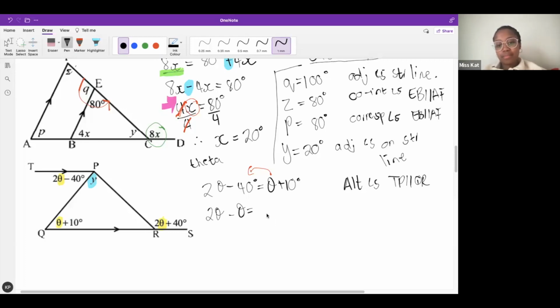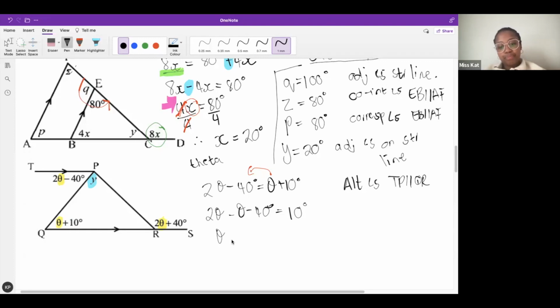Minus 40 degrees. We're doing one at a time. Okay, minus 40 degrees equal to 10 degrees. And then 2 theta minus theta is equal to theta.